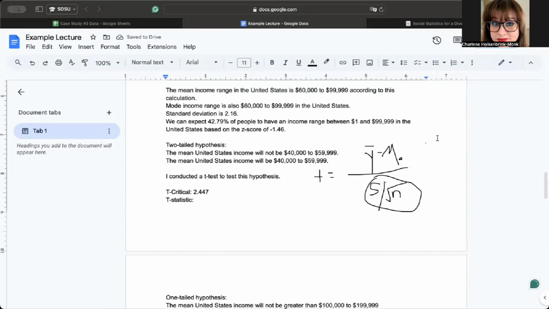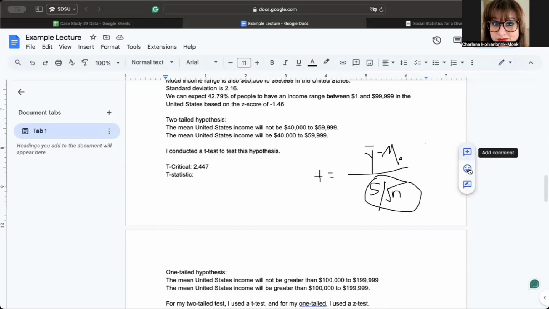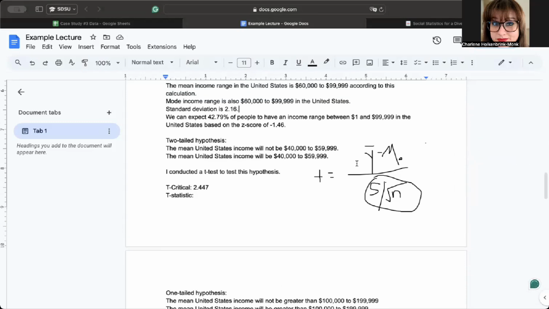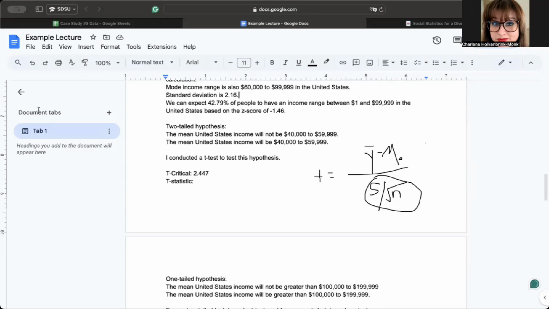So in this particular case for our t-test, what we're doing is plugging in values. This right here is our actual calculated mean. For me, that's going to be 4.14. Now, this mu is our hypothesized value.